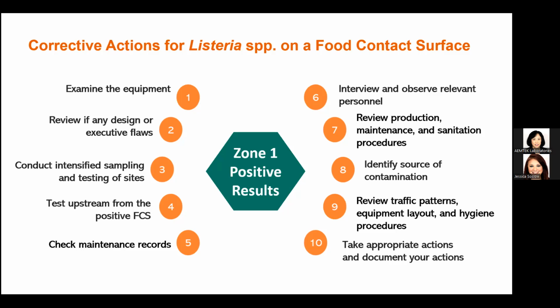And of course, identify the source of the organism that caused the contamination, review traffic patterns and equipment layout, and check whether the personnel who did the sanitation are adhering to their sanitation SOPs, and then take appropriate action. And remember to document all your actions.